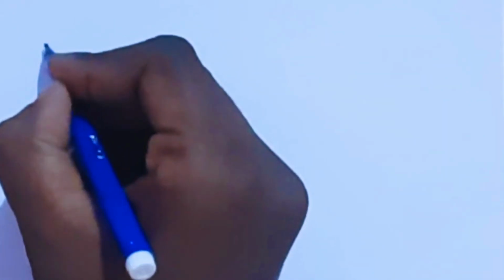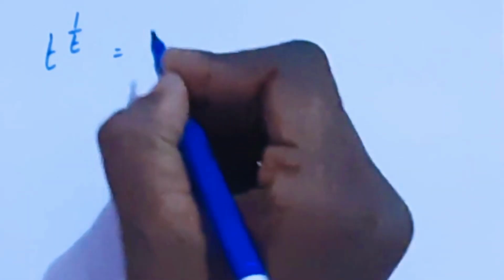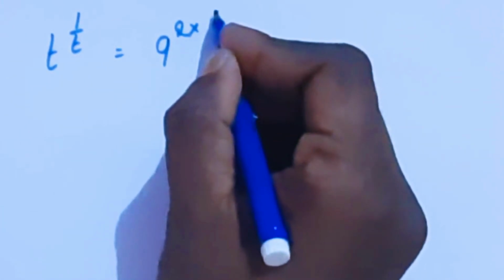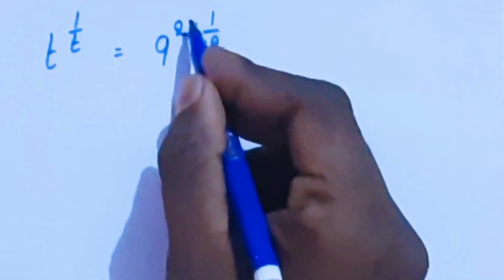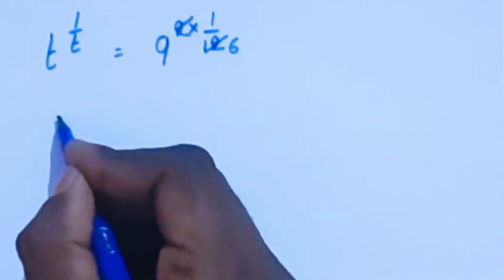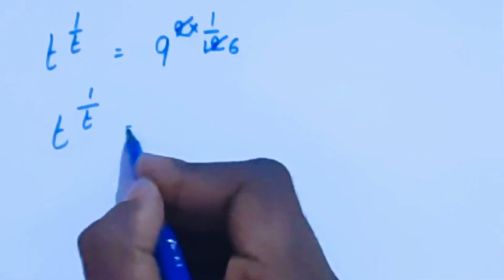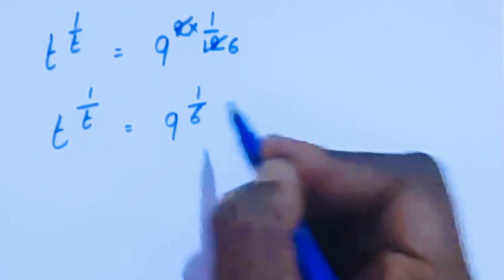Now t power 1 by t equal to 9 power 2 times of 1 by 12. Now simplify this, we'll get here 6. So t power 1 by t equal to 9 power 1 by 6.